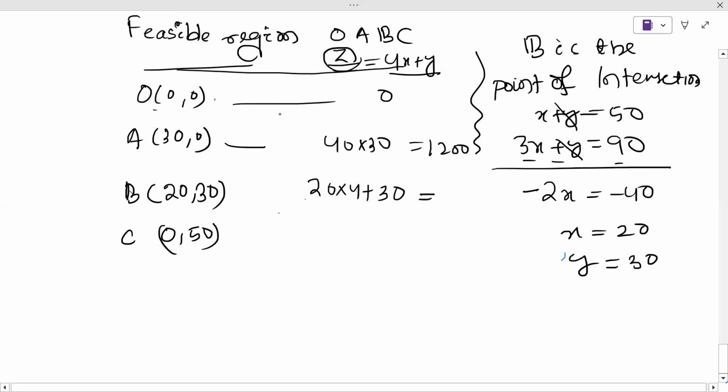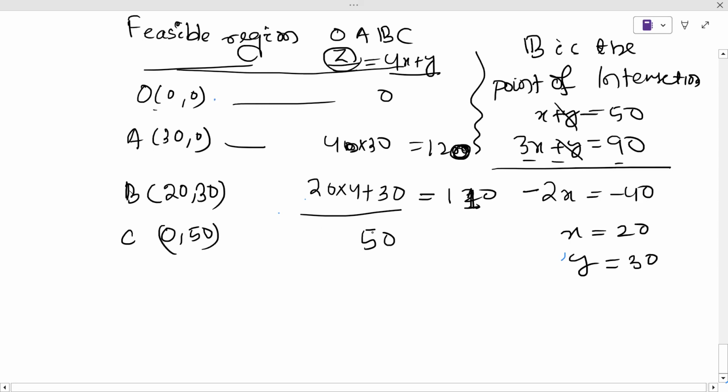Sorry, it is 4 into 30, not 40. At (20, 30), Z is 4 times 20 plus 30, that is 80 plus 30, 110. And this is 50.